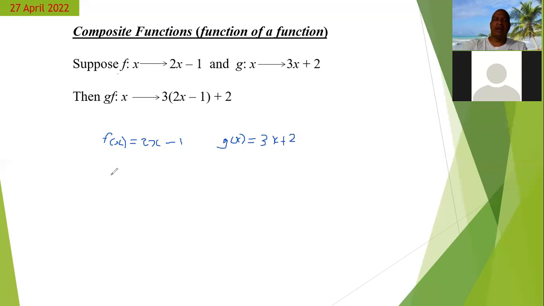They say you have to find the composite function g f of x. What this means is that when you compose two functions, whichever function is on the right side, you put that function into the function on the left side.